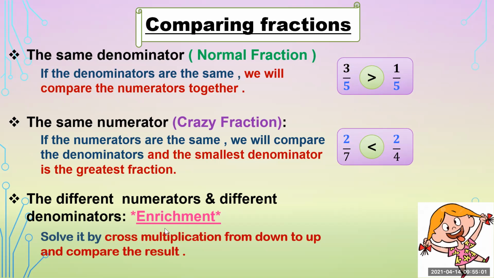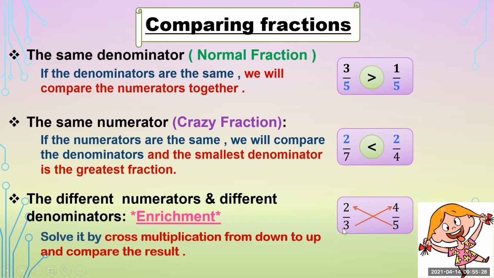We will compare it by cross multiplication. It's like scissors. If I don't have the same numerator and I don't have the same denominator, so it's not normal or crazy. What should I do? I will make cross multiplication.